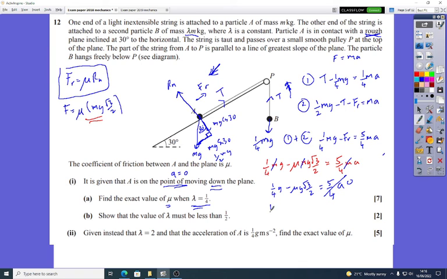So I can say a quarter G is equal to mu G root 3 over 2. Now this time I can cancel out the G's and I can multiply the 2 up and I can divide it by root 3 to give me mu is equal to, now they will cancel to give me a 2.